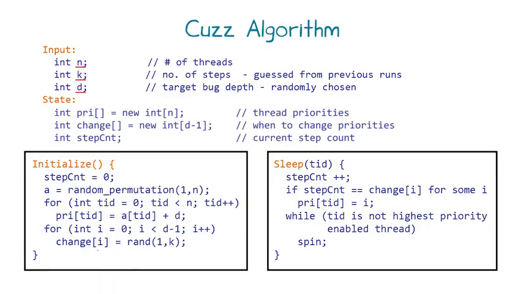This is where the lower priority values of 1 through d get used. The underlying thread scheduler schedules the threads by honoring their assigned priorities in the array pre. When a thread reaches the ith change point, that is, when it executes the k_i-th step of the execution, its priority is lowered to i. This is done in the call to the sleep method before each instruction in each thread.